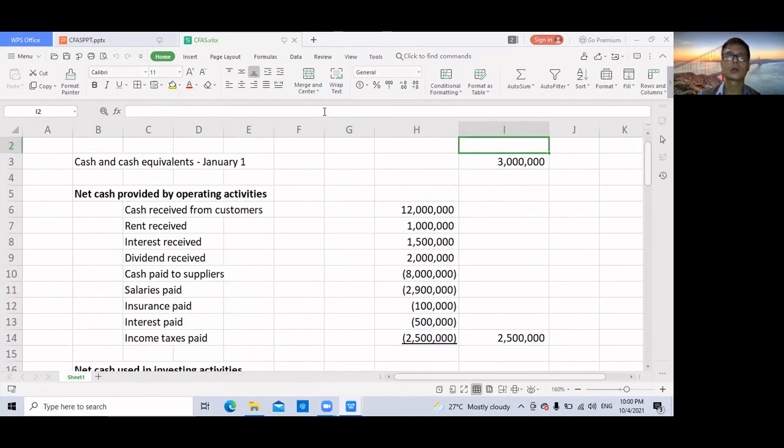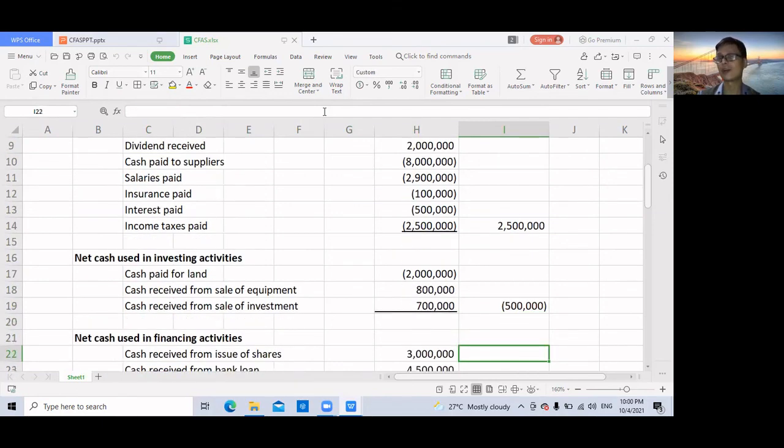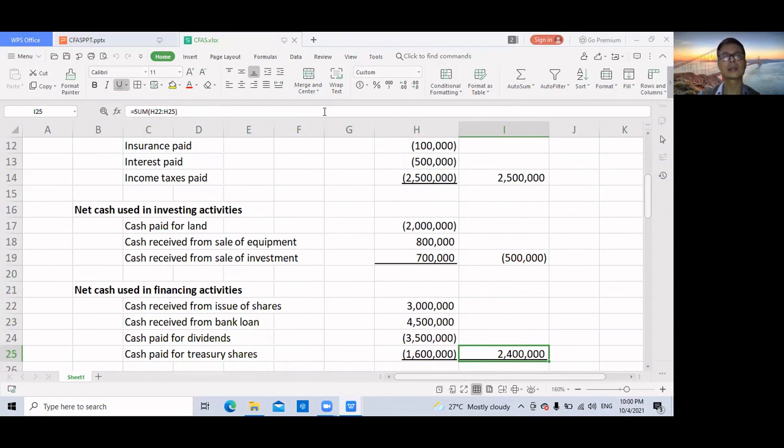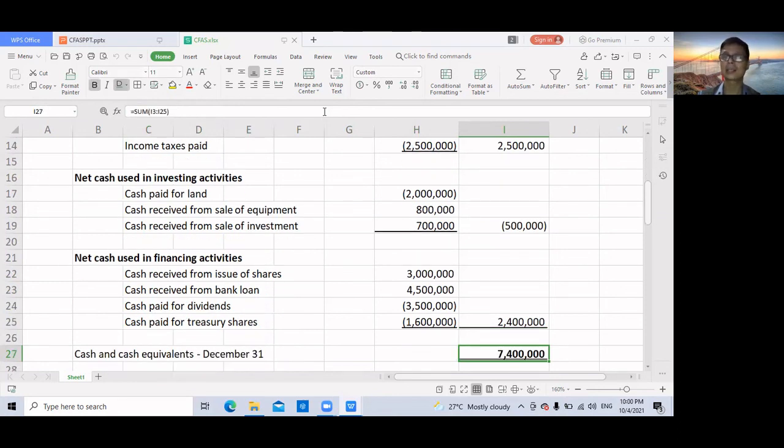Starting from the cash and cash equivalents January 1, you add the 2.5 million from operating activities, the net cash used in investing, and the net cash from financing. It's a positive balance. So you will get cash and cash equivalents as of December 31 of 7.4 million.